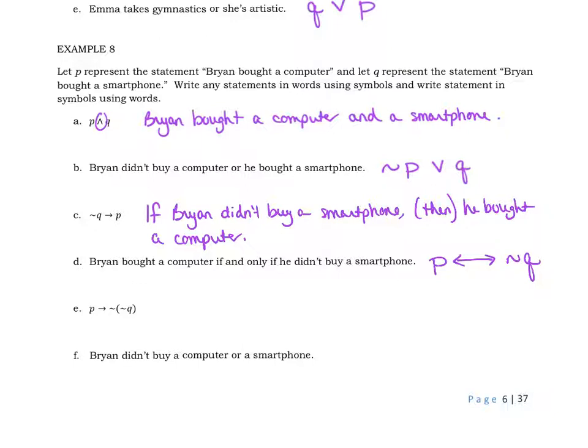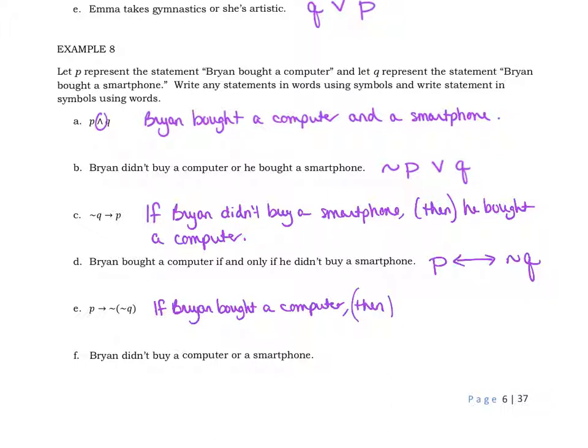All right. E. So we've got P, he bought a computer, and then we've got our if-then. So we're going to go ahead and put the if in there. So if Brian bought a computer, okay? If Brian bought a computer, then, and again, you can include that word or not, it's up to you.